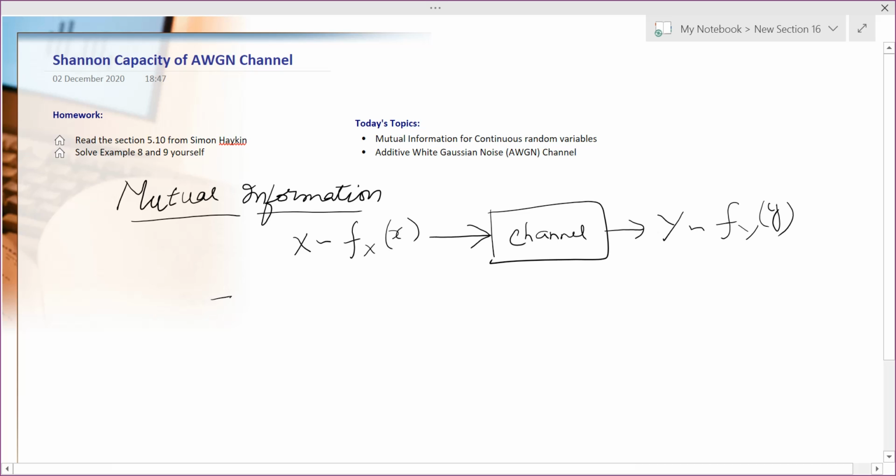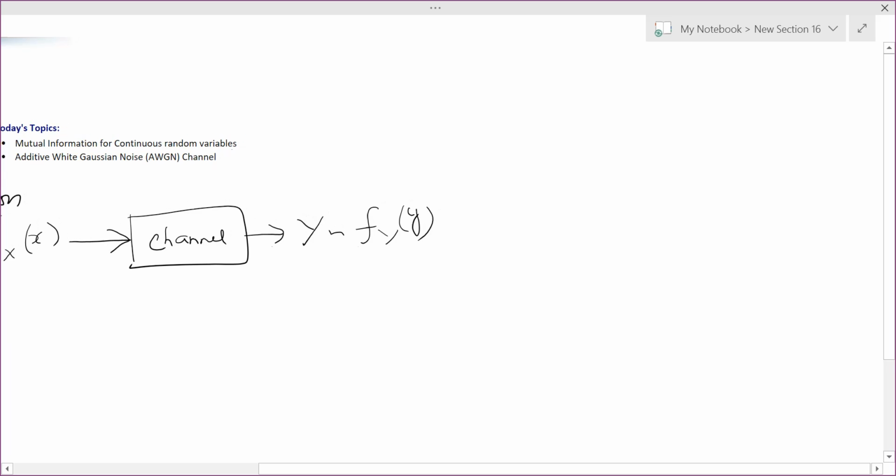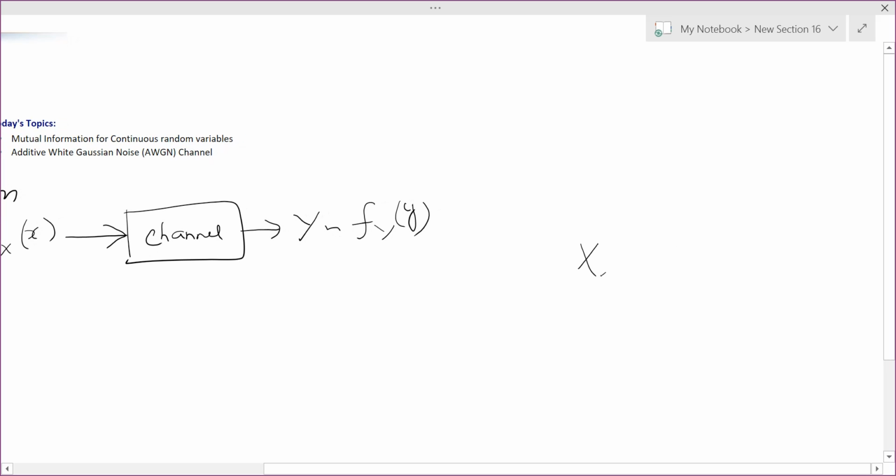Now if I want to define mutual information, let me first recall the mutual information of the discrete case. Suppose x and y are both discrete. X has probability mass function px of x, y has marginal probability mass function py of y, and their joint distribution is pxy of x comma y. Then mutual information fundamentally is defined in this way.